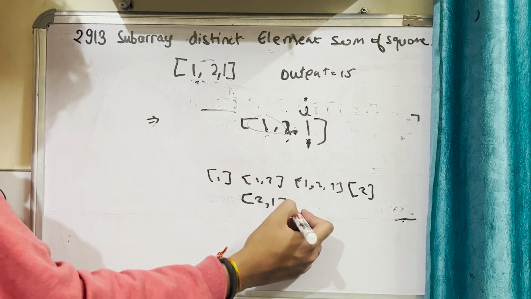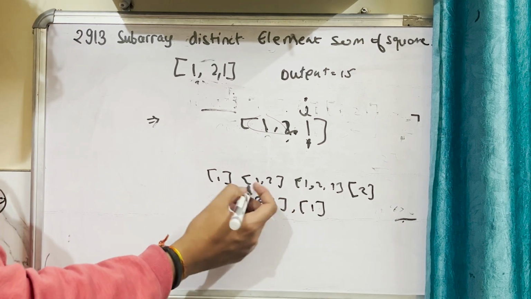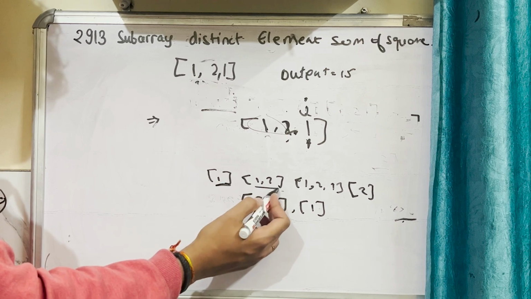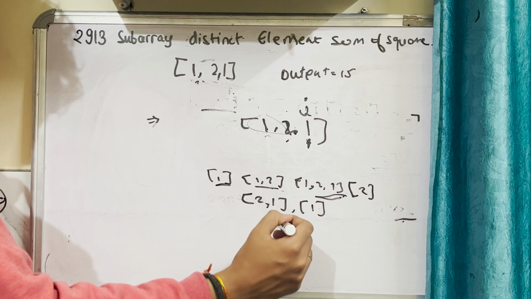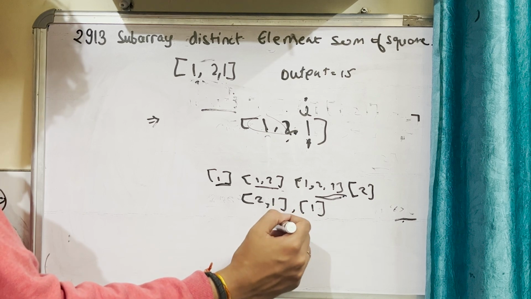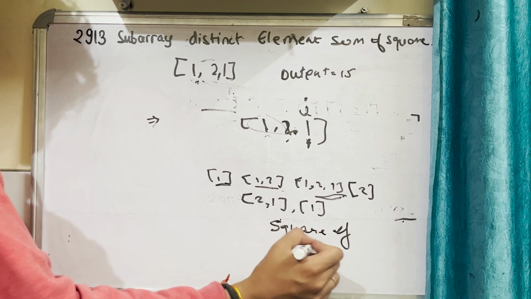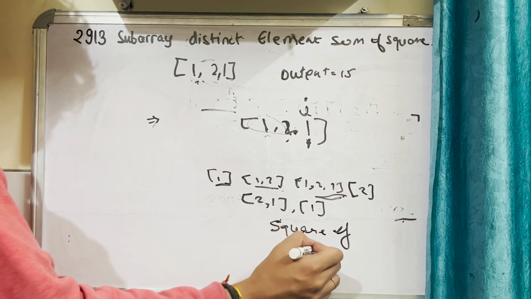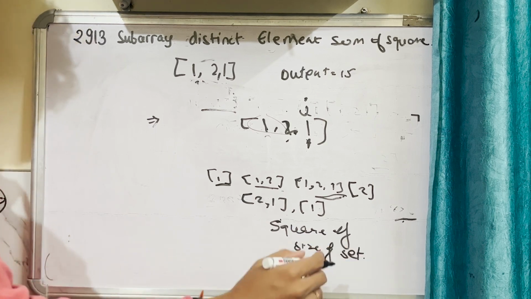Then you'll create this subarray, and you can basically put all these elements in the set that you are creating for the subarray, and you can take the square of the size of the set, as the set will hold the unique elements.